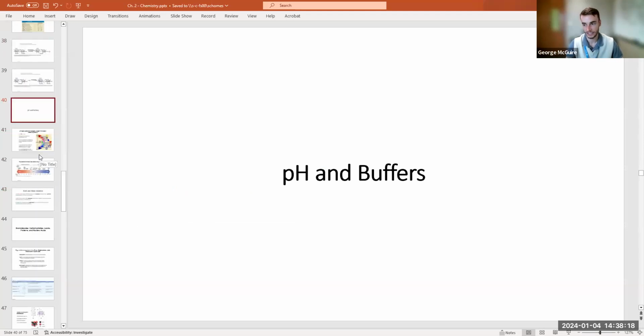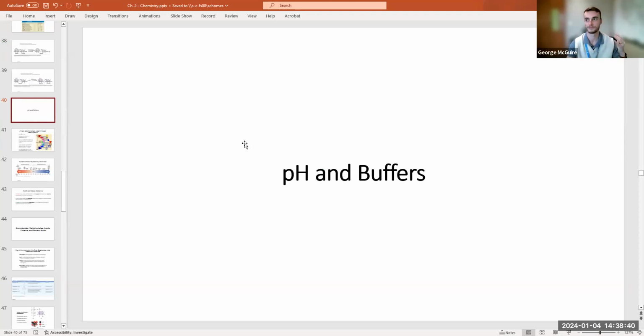Okay, so now getting into pH and buffers. This, as a concept that applies to biology itself, was one of the things that took me the longest to actually fully develop a deep understanding of, or to feel like I understood it, really. For a long time, I would just have to check notes or look up stuff to understand if I'm looking at an acid or a base.